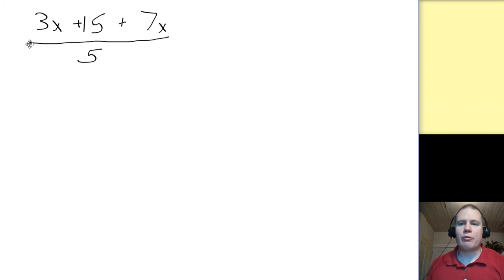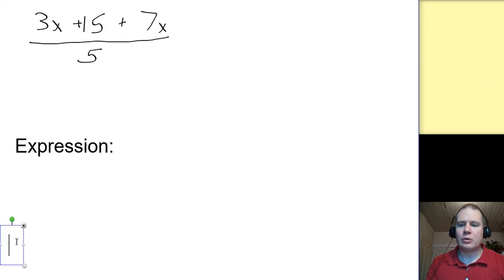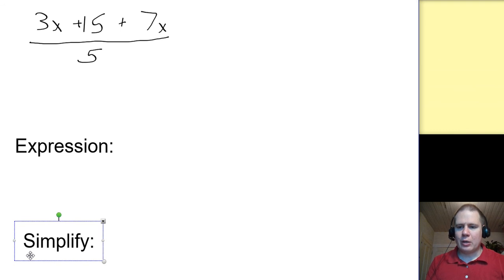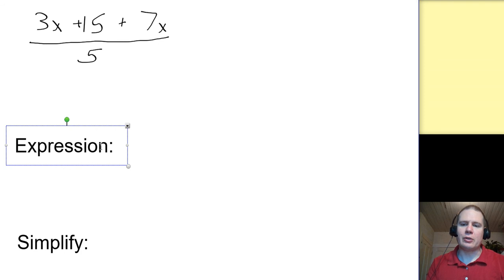If we correctly recognize this as an expression, then we can correctly identify what we can do, which is to simplify it. Right?